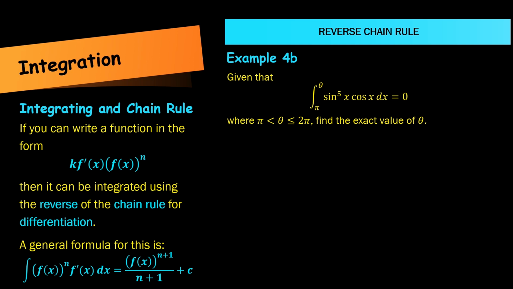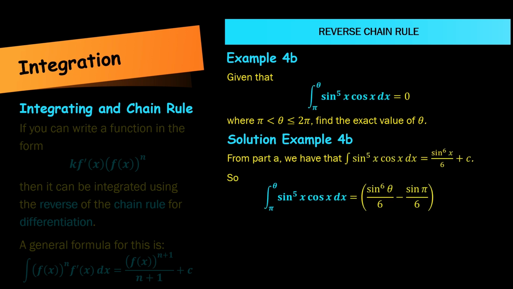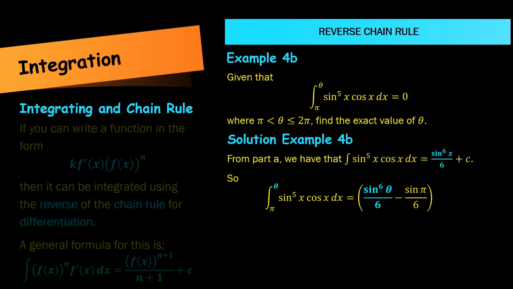So let's solve this. Now from part A, we have that the integral of sin x to the power 5 cos x dx equals sin x to the power 6 over 6 plus c. So the integral that we have, namely the integral between the limits pi to theta, is equal to sin theta to the power 6 over 6 minus sin pi to the power 6 over 6.